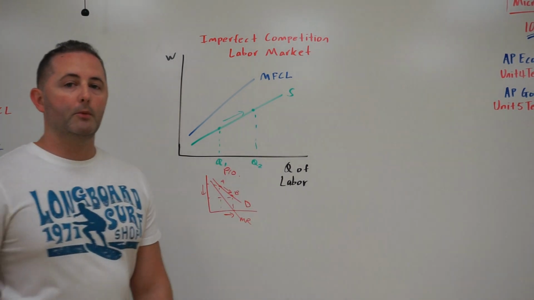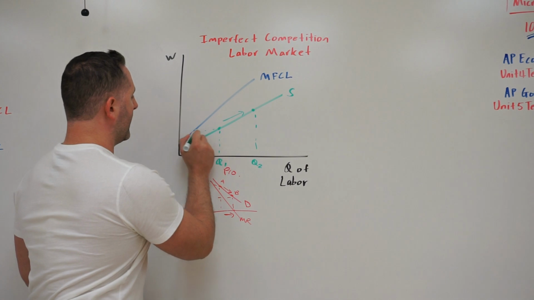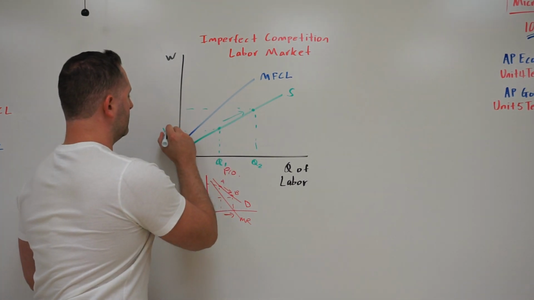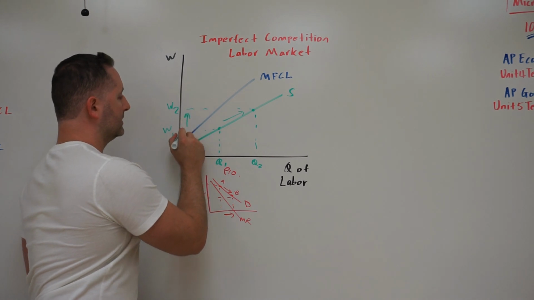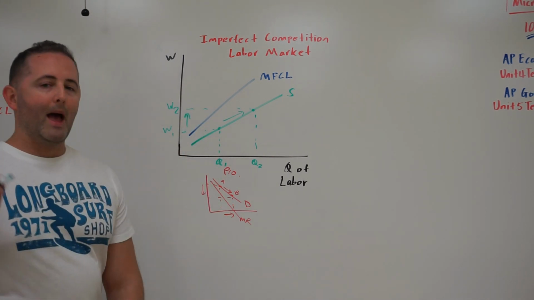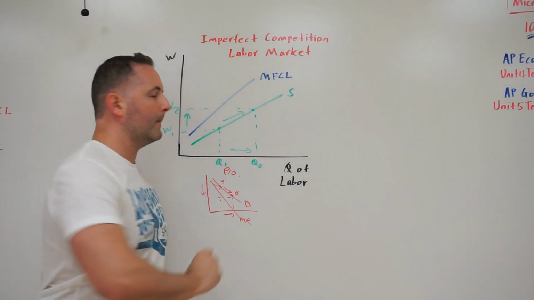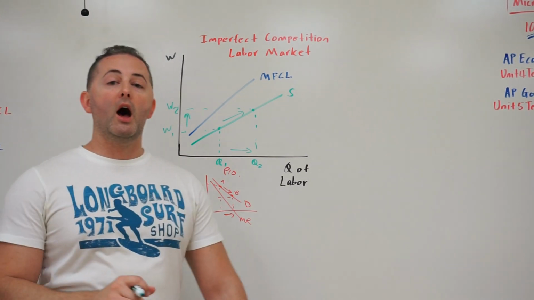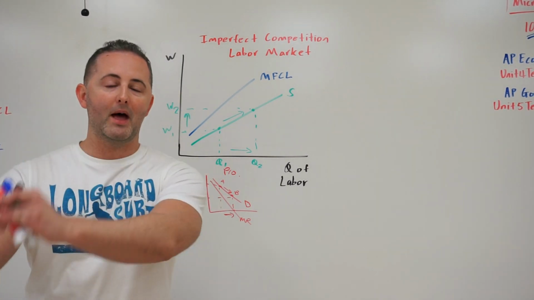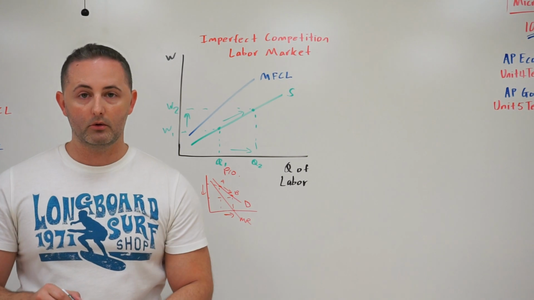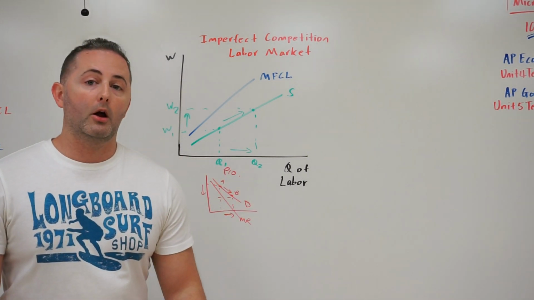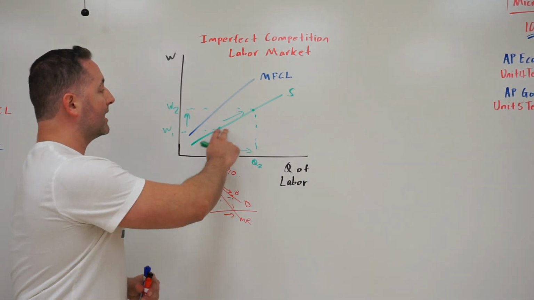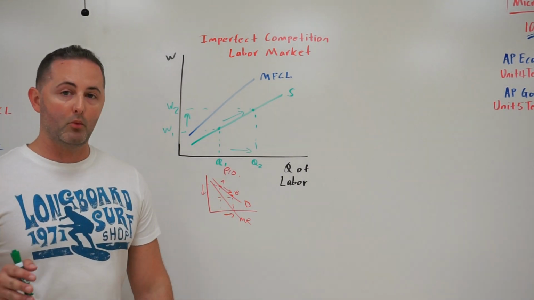So we have this upward sloping thing. We know that they're going to have to pay a higher wage, right? So wage 1, wage 2. So we can see that on here. However, do they only have to pay that higher wage to that last worker, to the additional workers? And the answer is no. We're going to say that they are going to have to pay this higher wage. It's going to change their equilibrium wage.